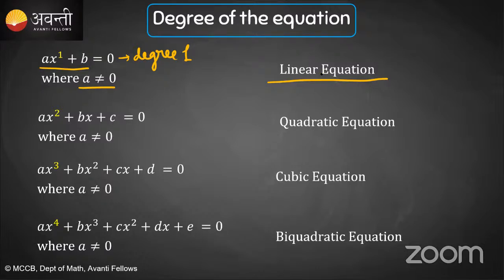So you will say that a polynomial equation of degree 1 is known as a linear equation. I will write it here. Polynomial equation of degree 1 is called linear equation.